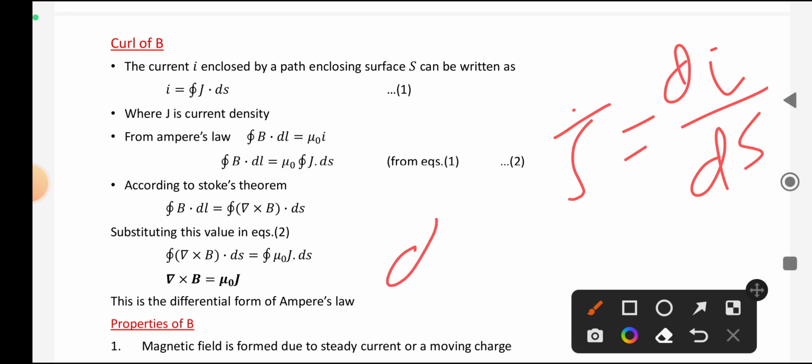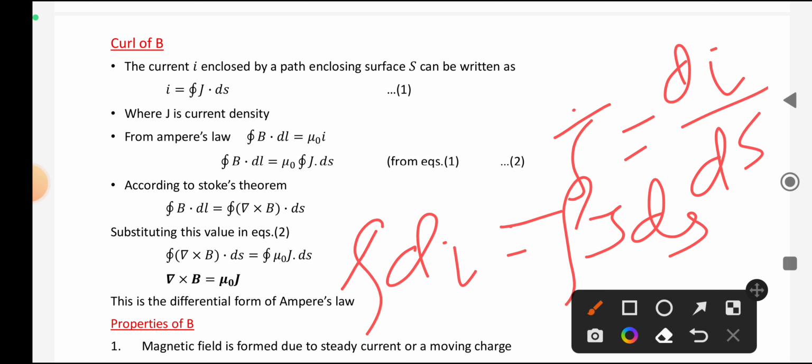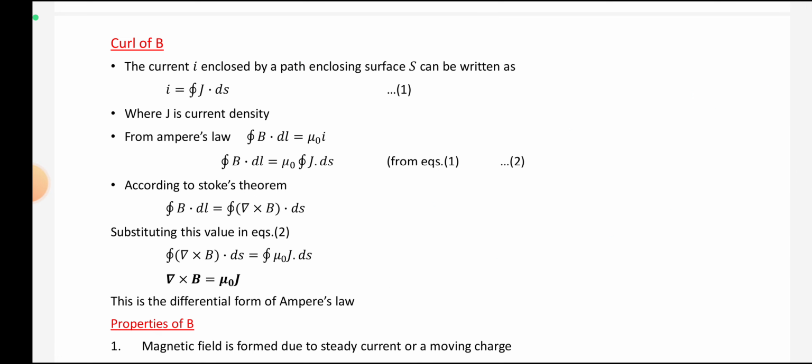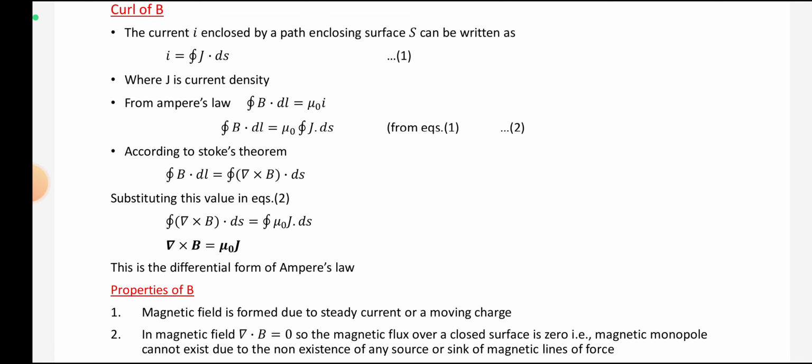Integrating on both sides, differentiation and integration cancel, so I is equal to integral J dot ds. Let it be equation 1, where J is the current density.